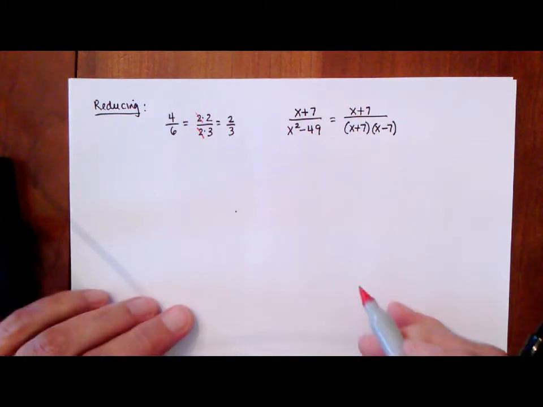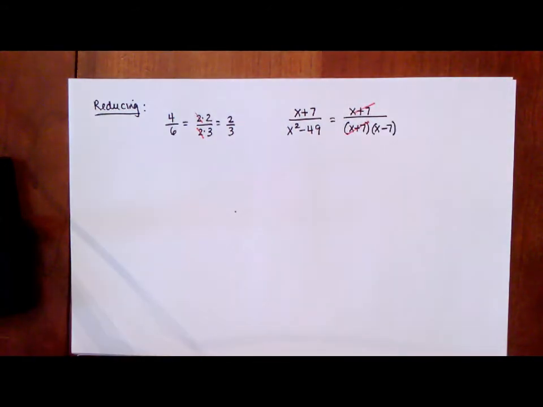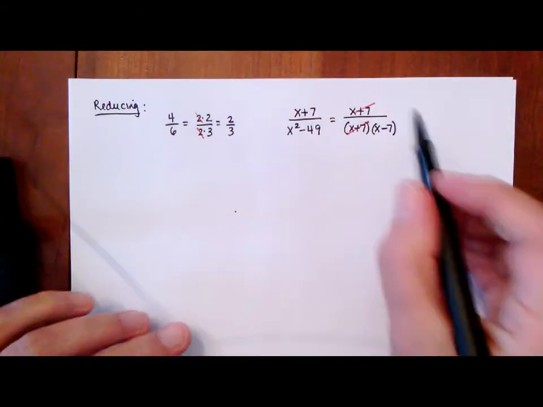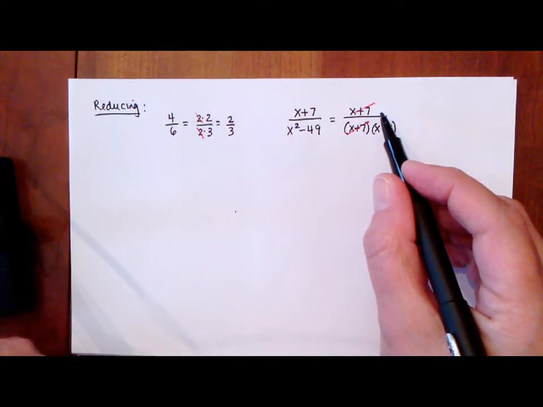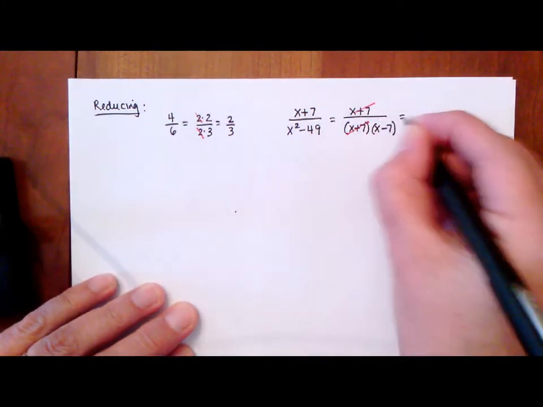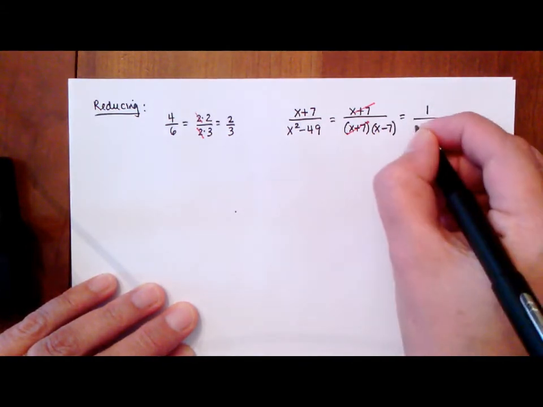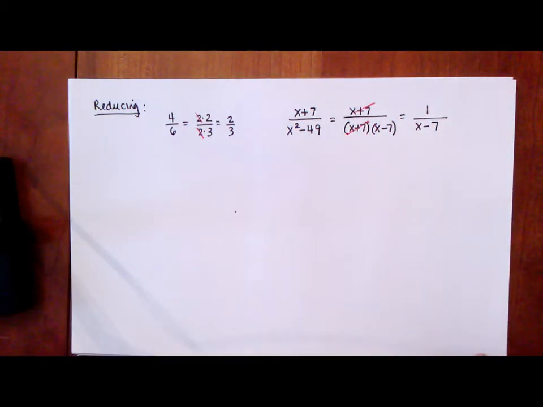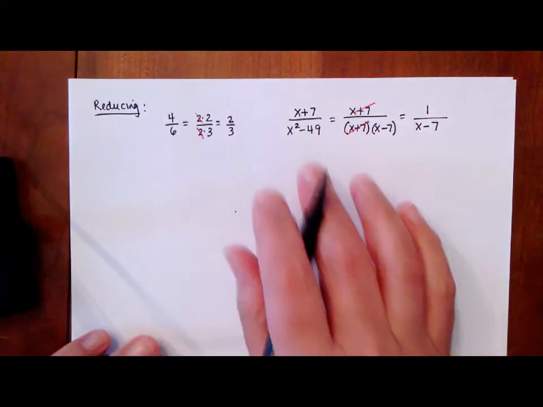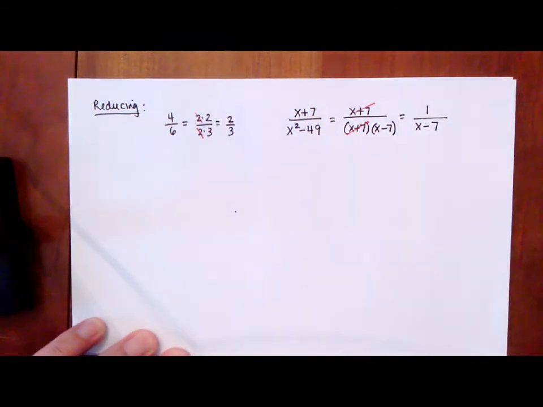So I'm going to divide both the numerator and the denominator by x plus 7. Now, remember that when I divide the numerator, x plus 7 divided by x plus 7, that result is 1. So I've got a 1 in the numerator now, and I've got x minus 7 in the denominator. So now I have a reduced version of my algebraic fraction or rational expression.